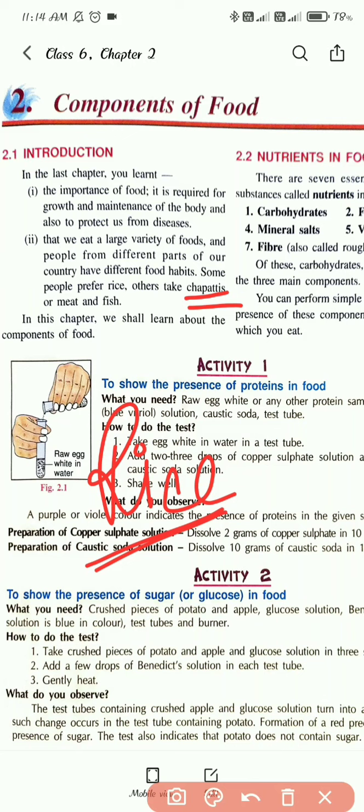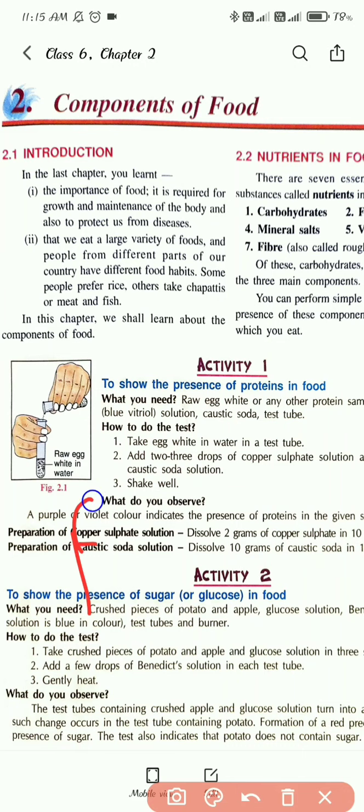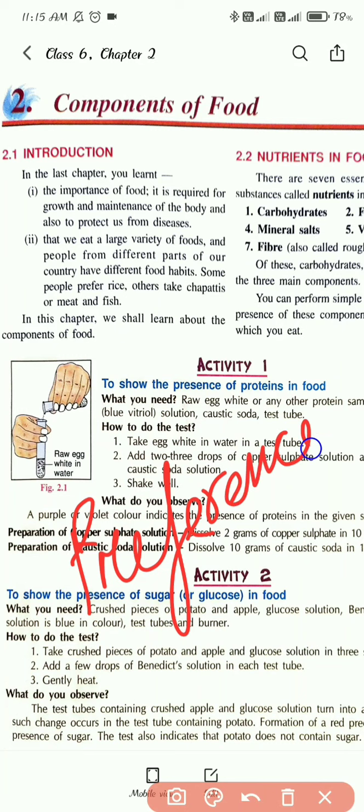Or meat and fish. Some people prefer meat and fish. Some people do not prefer meat and fish. So all different parts of our country have different preferences for food. They have different food habits.